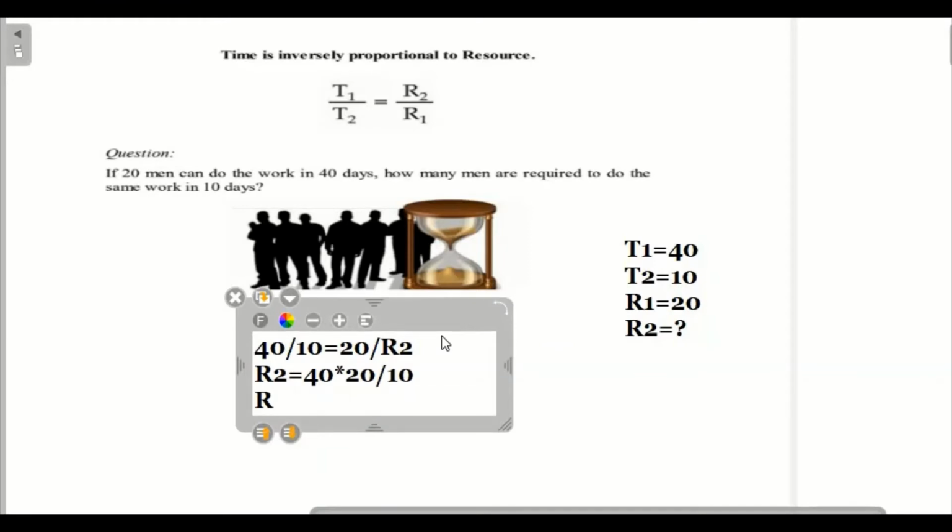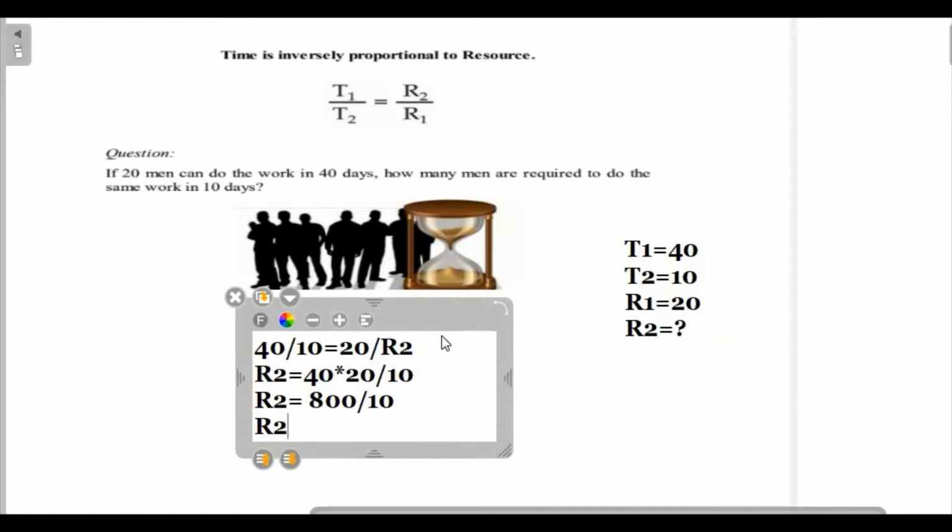So R2 equal to 800 divided by 10, so R2 equal to 80. So we need 80 men to complete the work in 10 days. Okay, shall we go for the next problem?